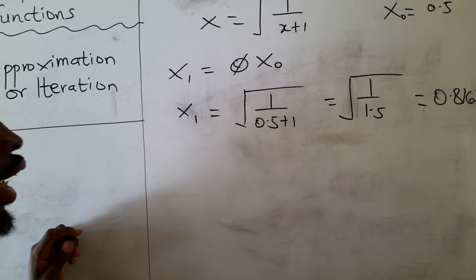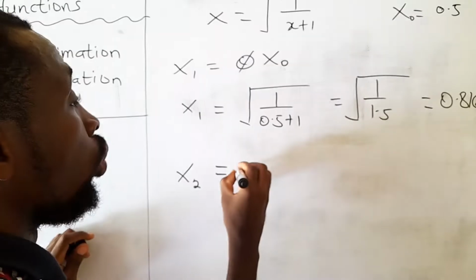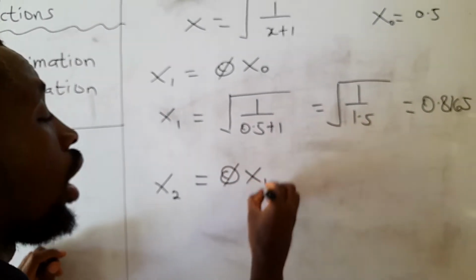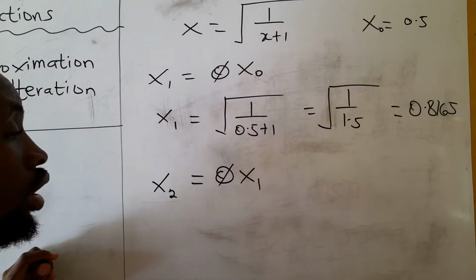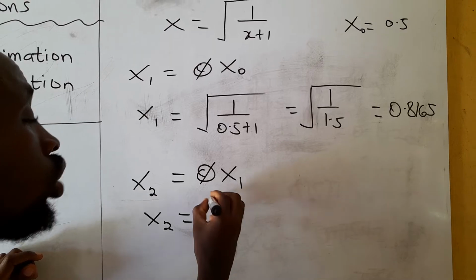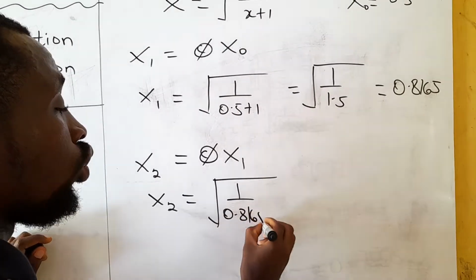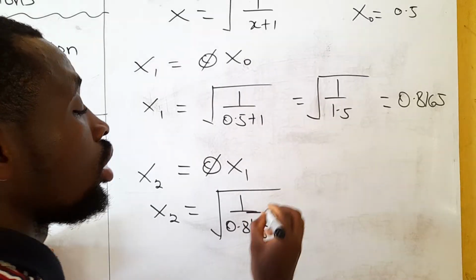So that will become our x1. Our x2, which is the second approximation, will be the substitution of x1 in place of x in the function. So our x2 there will be equal to the square root of 1 over 0.8165 plus 1.